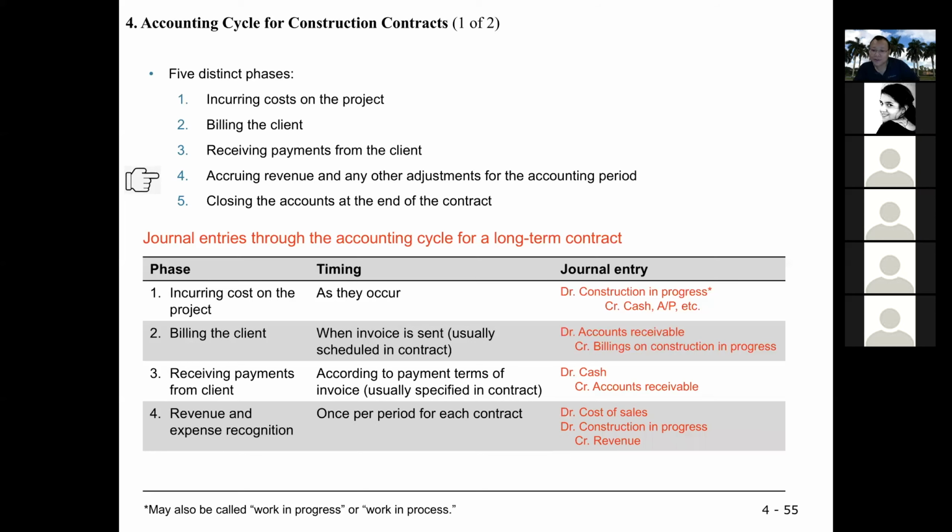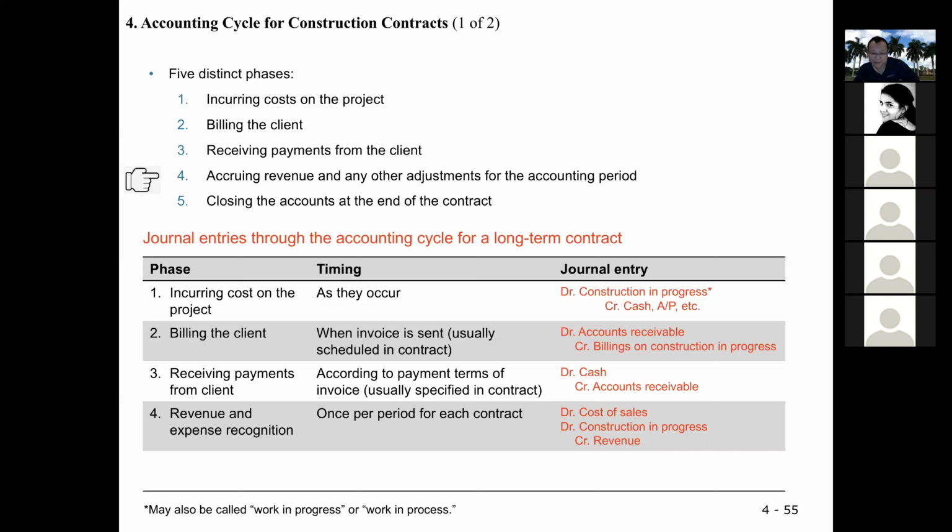You credit revenue, you debit the cost of sales, and you debit the construction in progress, because all your profit is actually embedded in the asset you are building. You haven't realized it yet, but the minute you hand that building to the customer and they pay you all the money, you realize all the profit.